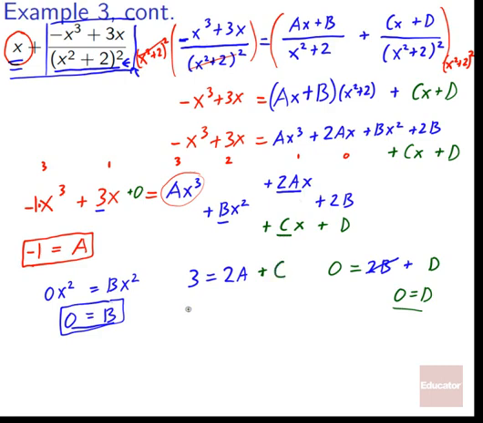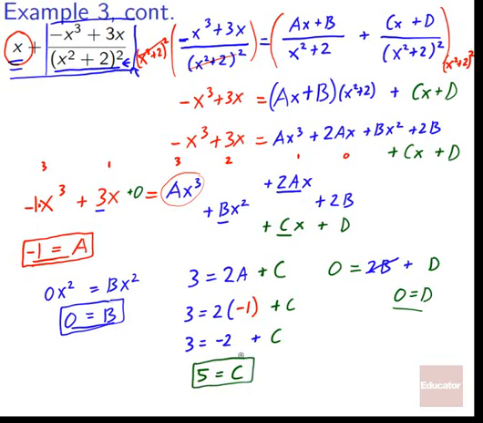So we plug in numbers. 3 equals 2 times, what is our a? It is negative 1. So negative 1 plus c. So we get 3 equals negative 2 plus c. Or we add 2 to both sides. 5 equals c, right? So 5 equals c.